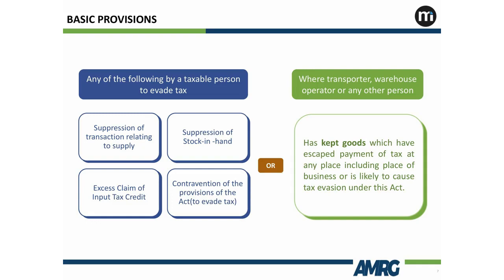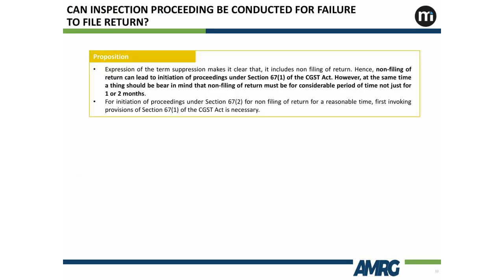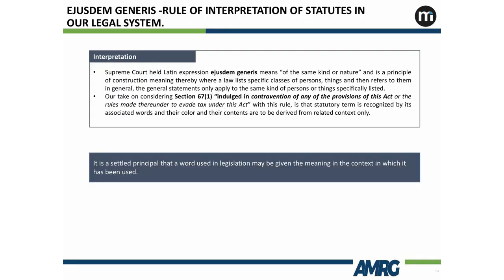So guys, this is the principle of ejusdem generis, which states of the same kind or nature. Thereby, section 67, subsection 1, contravention of any other provisions of this Act needs to be read in the same tone and tenor in which the first three words are written.